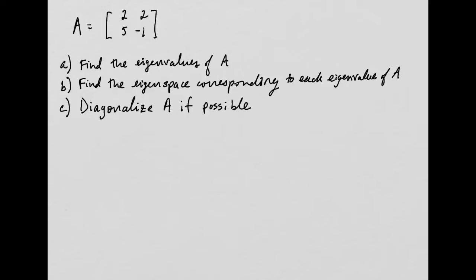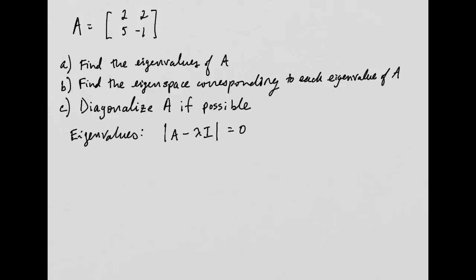So first, to find the eigenvalues, we're going to solve the characteristic equation, the determinant of A minus lambda I equals 0.